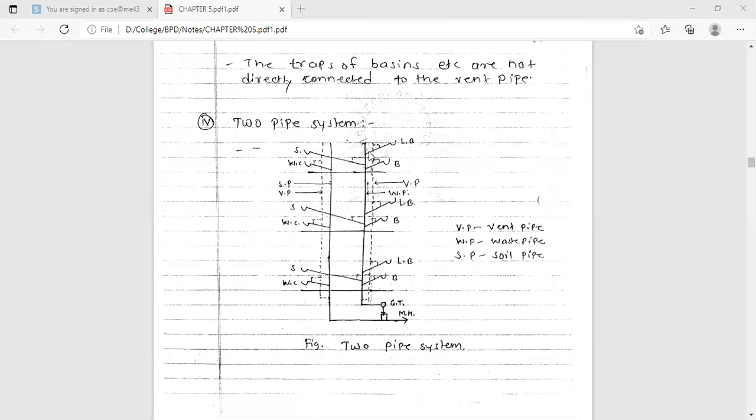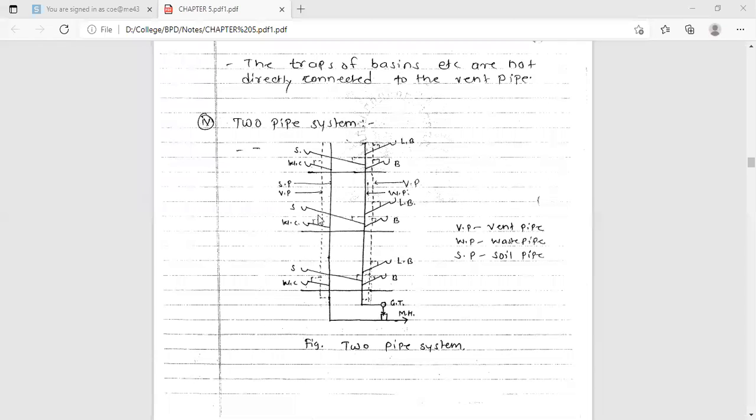Okay, means whatever outlets are there, those outlets are ventilated by providing vent pipes separately for the WC and separately for the basin, sink, and lavatory basin. You can see here in this way.